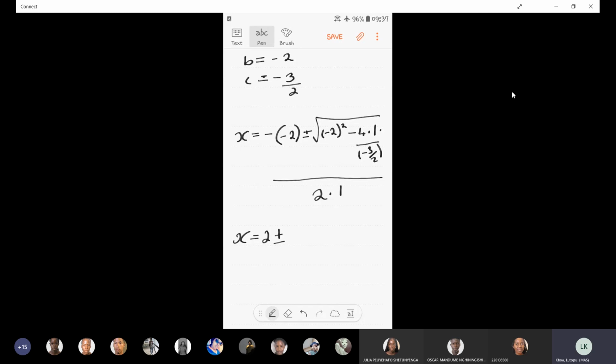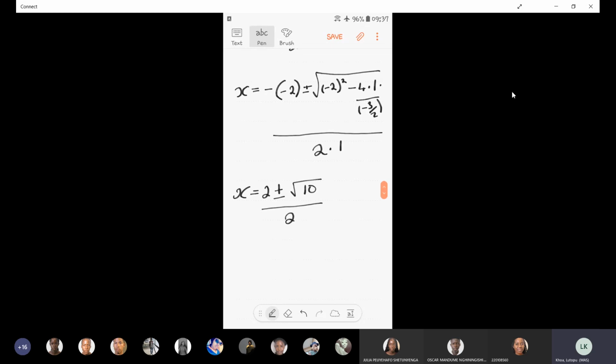That is minus negative 6, so 6 plus 4 is 10. So the square root of 10, then you divide this by 2.